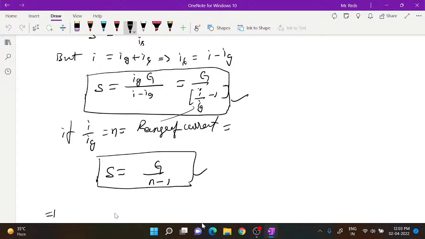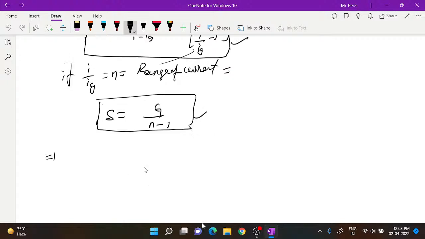The next simple concept we have to have an idea about is the voltmeter. Let's see quickly what is a voltmeter and how to convert a galvanometer into a voltmeter. Then we'll do some numericals. Conversion of galvanometer into voltmeter.